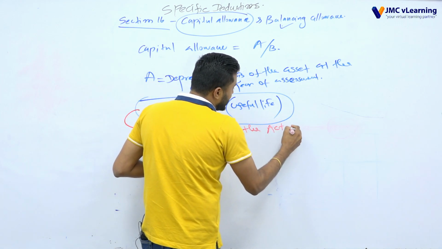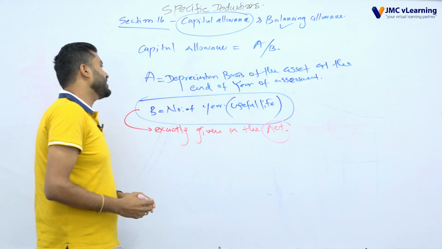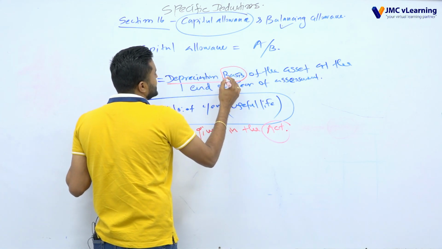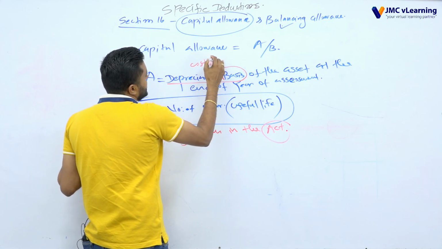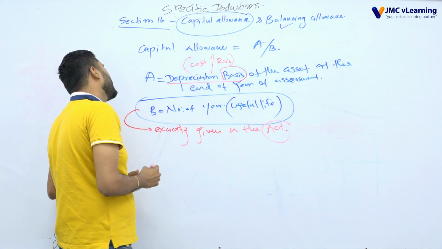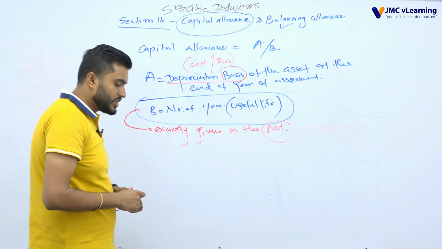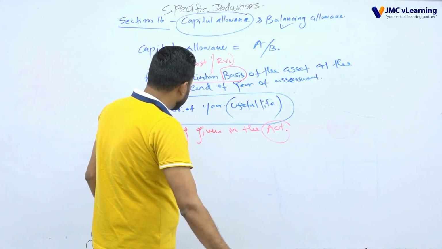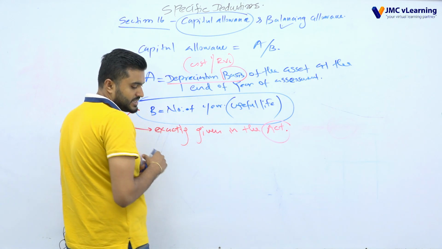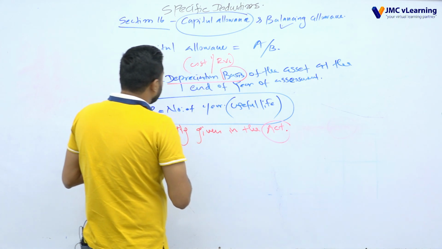The depreciation base can be cost or revalued amount, the cost plus subsequent cost, likewise, right? That, as under the accounts, is exactly given in the Act. So when you decide this number of years, you have to be very careful.